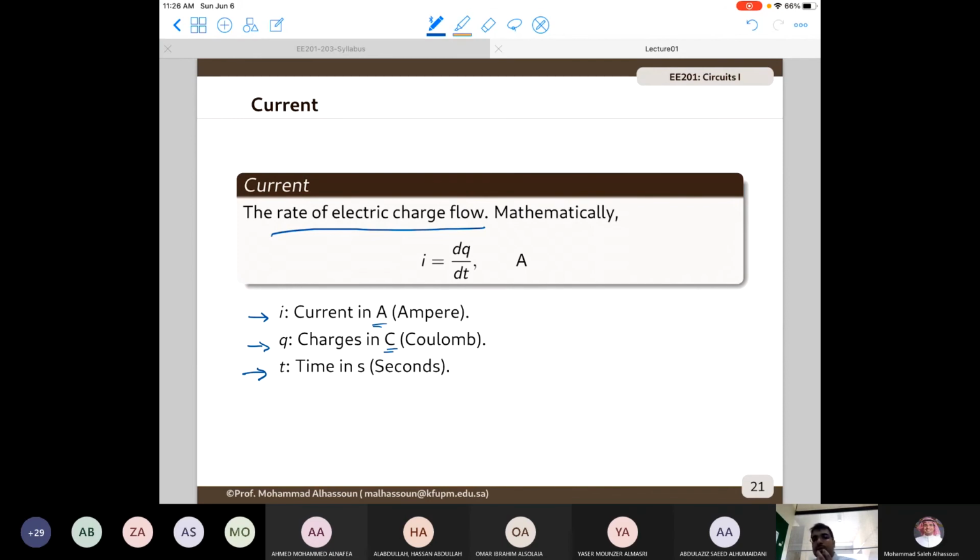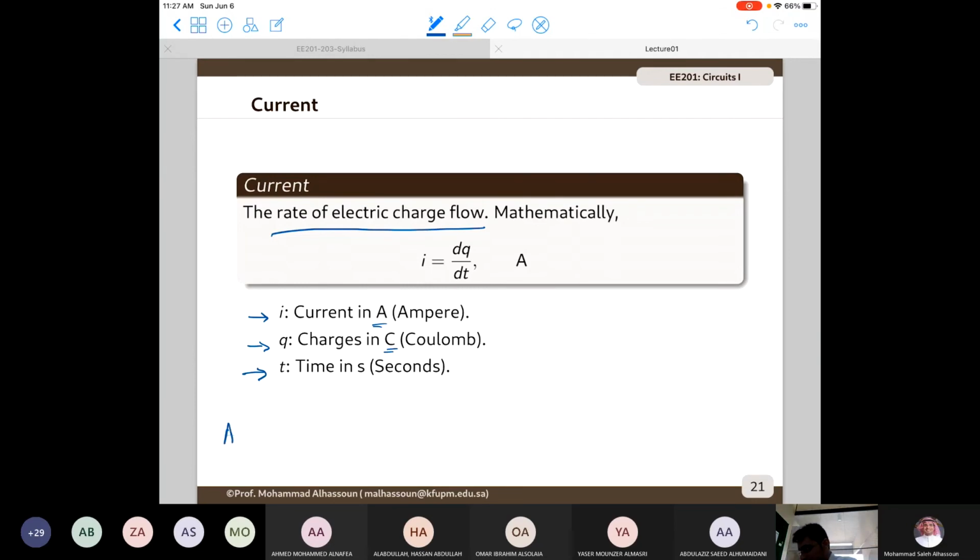So maybe the easiest way to think about the current is to think about water flowing. If you have water that flows from point A to point B, then usually water flows from the high region to the low region in a natural way. If you want to do the opposite, you need to apply an external force.